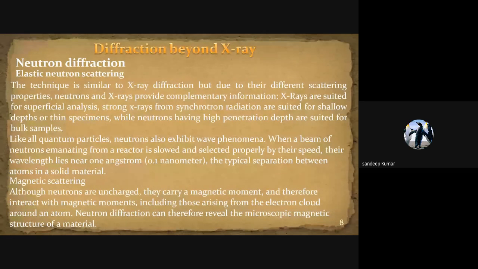Sir, if we consider atomic vibrations in the crystal due to heat, then what will be the effect of that vibration on the diffraction pattern? Diffraction pattern, so there are two things. You're talking of X-ray diffraction pattern?